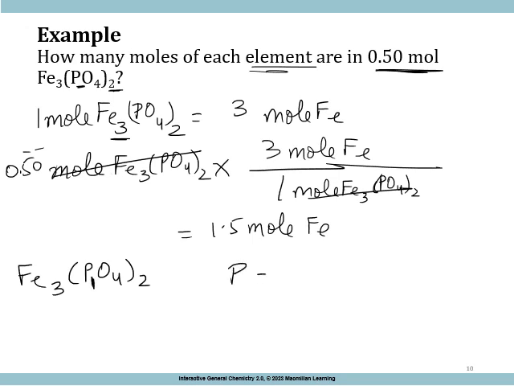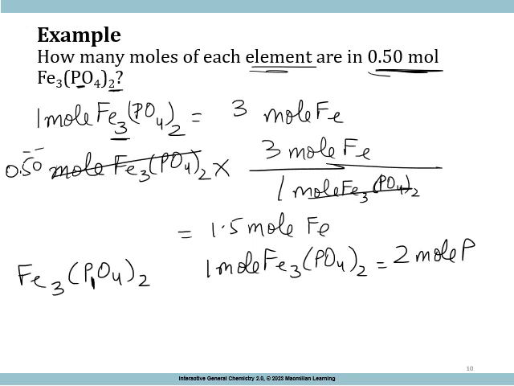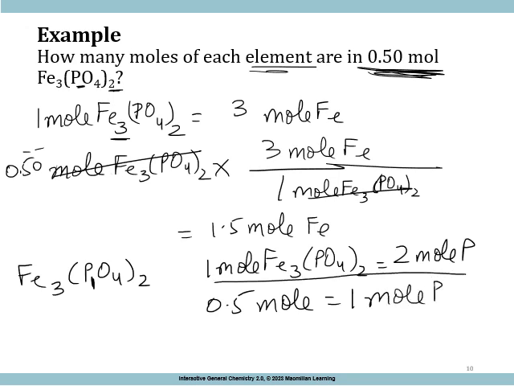So how many P are present here? 2 P's. Okay, which means I can simply say for every 1 mole of this, you have 2 moles of P. So every one has 2, so every 0.5 will have half. So 2 multiplied by 0.5, that would give you 1 mole of P. So that would be your answer.